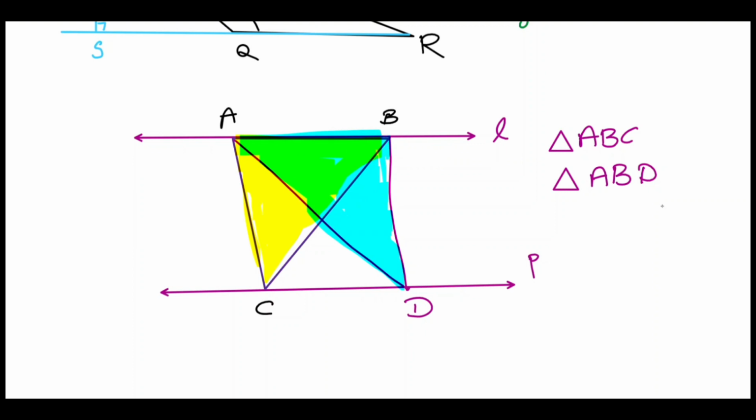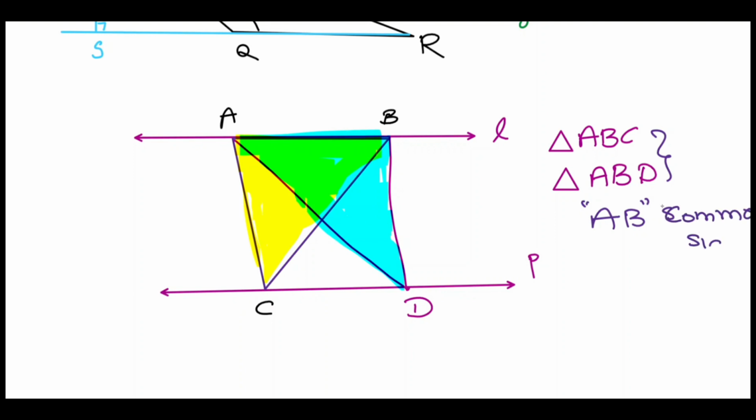What do you observe here? For these two triangles, AB is the common side. Correct? It means same side, or we can consider same base. AB is the same side or common side.